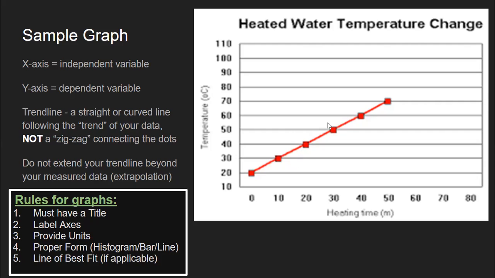Okay, so that's interpolation. That's where, even though I didn't collect data at 25 minutes, I can say pretty comfortably that I think it was about 45 degrees when it was being heated for 25 minutes. So that's the interpolation. So that's everything I wanted to go over on Unit 1.